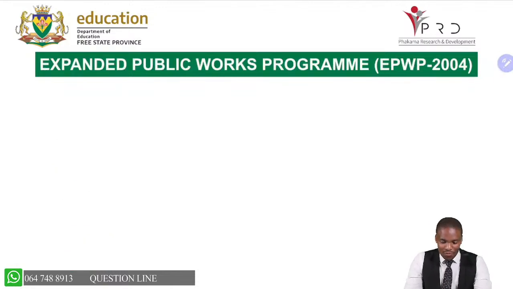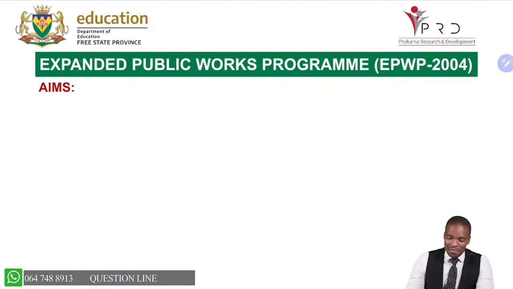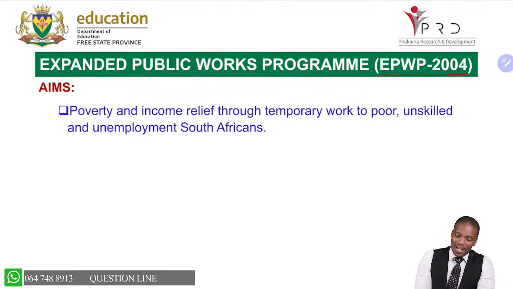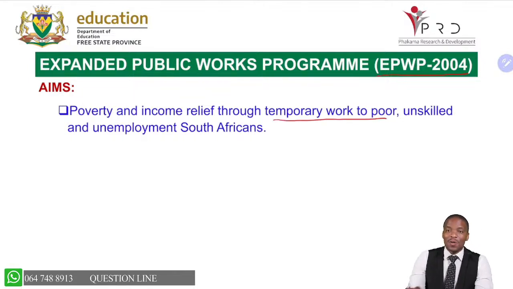Okay. Expanded Public Works Programme, it's written as EPWP. The aims: poverty and income relief through temporary work for those who are less fortunate, or those who are unskilled.